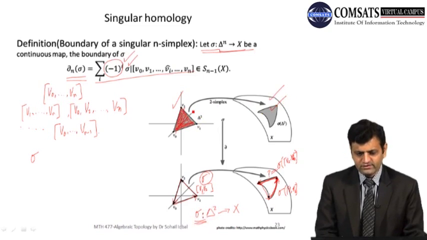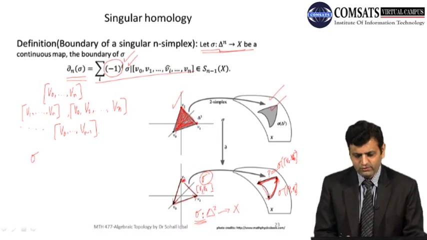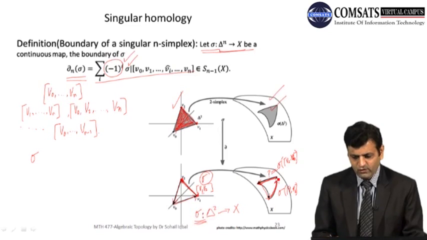But if I restrict the domain, if I decrease the number of points in the domain from this shaded triangle to just this boundary line segment, then I will be calculating sigma, but my domain will be this one simplex v1 v2, and the image of this will be one face after applying this sigma. So one face of this image.